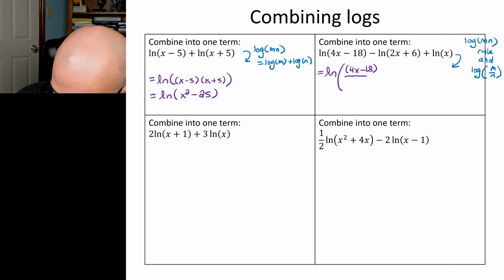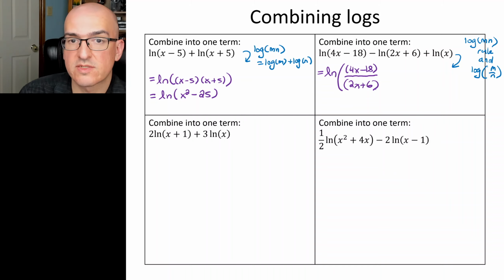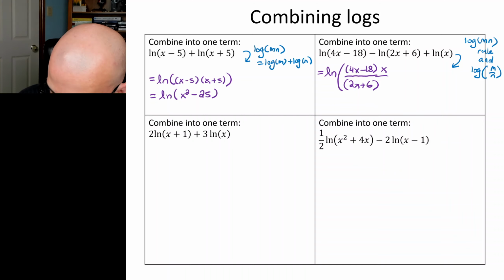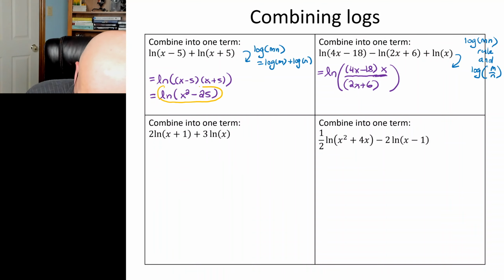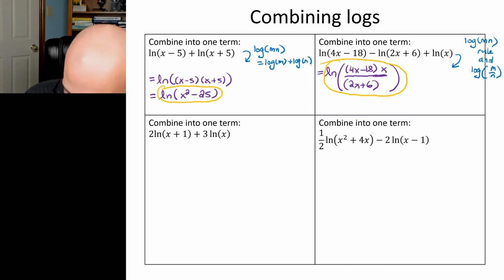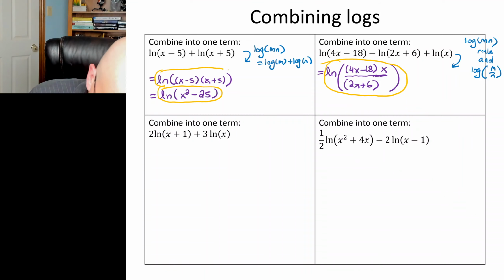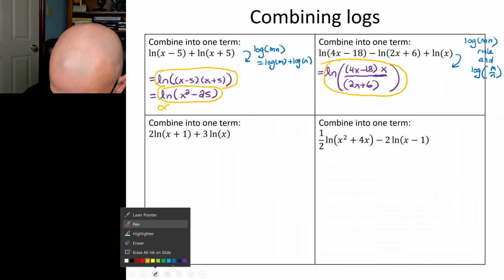Then we have a subtraction, so minus ln of something, so divide by 2x plus 6. And then we're plus ln of x, so that goes on top. Like that. And that's good. I won't bother expanding it or doing anything else to it. And I'll circle both of these. I'll put or. They're both good final answers.